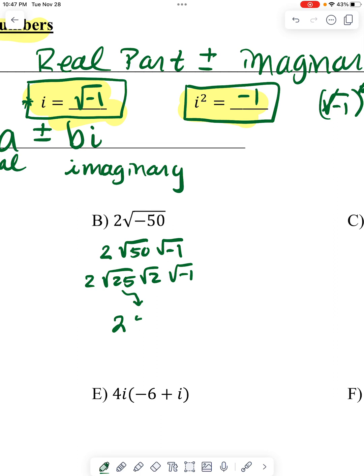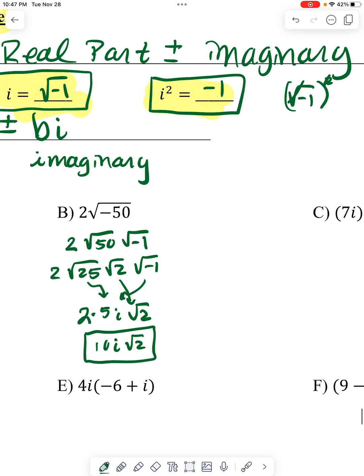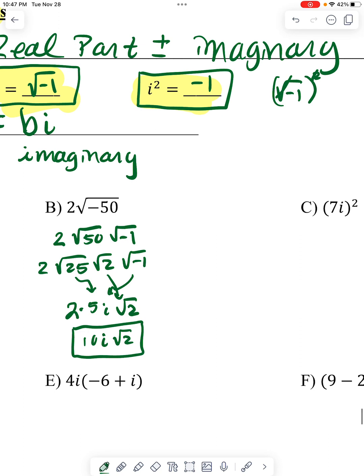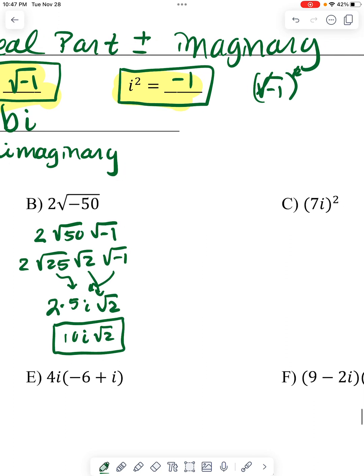This becomes a 5. This we just learned is i. And this is just kind of stuck. But 2 times 5 becomes 10. So I have 10i out in front and a root 2. Because you can't have a negative under the radical in your answer. So you have to get that i out of there to get rid of the negative.